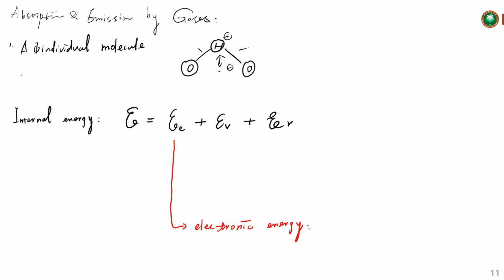The electronic energy refers to the energy associated with the electrons in an atom or molecule. This energy is quantized and comes from the arrangement of electrons in different energy levels.